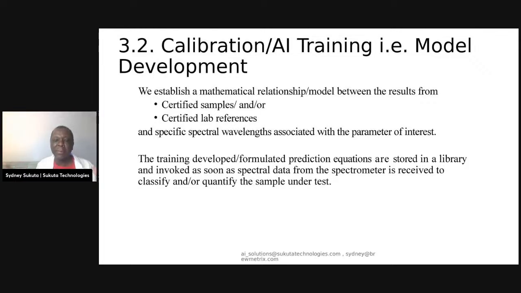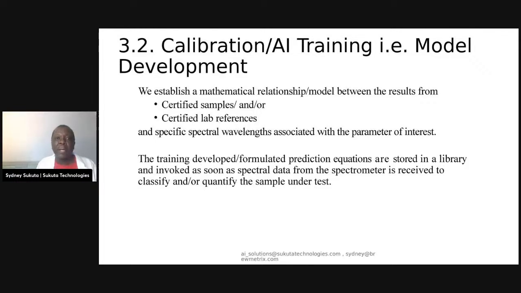We build models using specific wavelengths, because some wavelengths are more sensitive to pH, for example, some to color, some to bitterness, things like that.